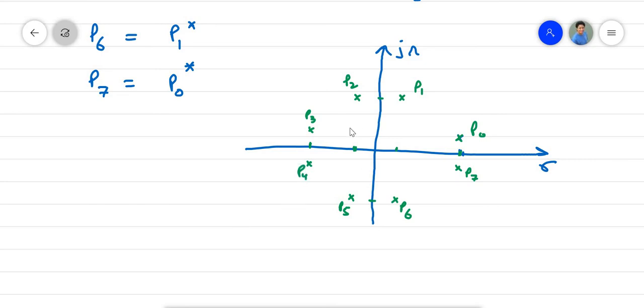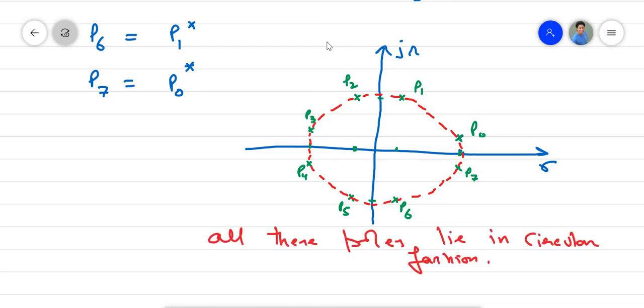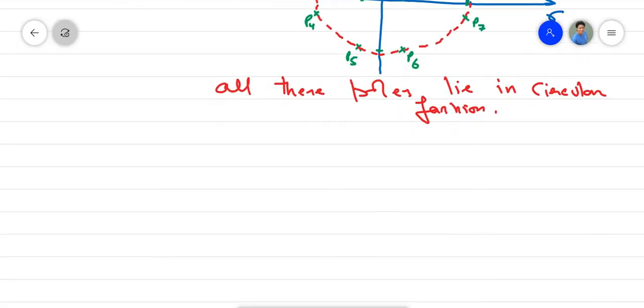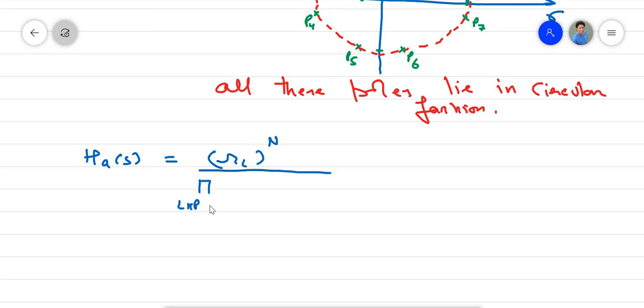So now we have located all the poles in a circular manner like this. All these poles lie in a circular fashion, and in this plane the poles lying on this side are for H(s) and poles lying in the right hand plane are for H(minus s). So now we can find the value of H(s), which will be equal to omega c to the power n over the product of left hand plane poles, s minus Pk.